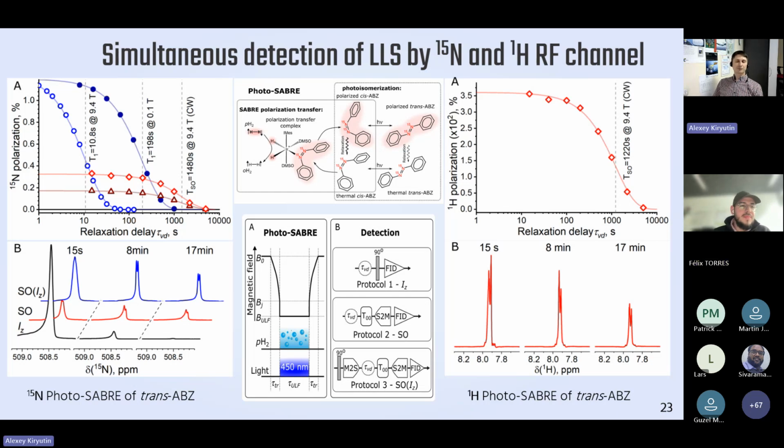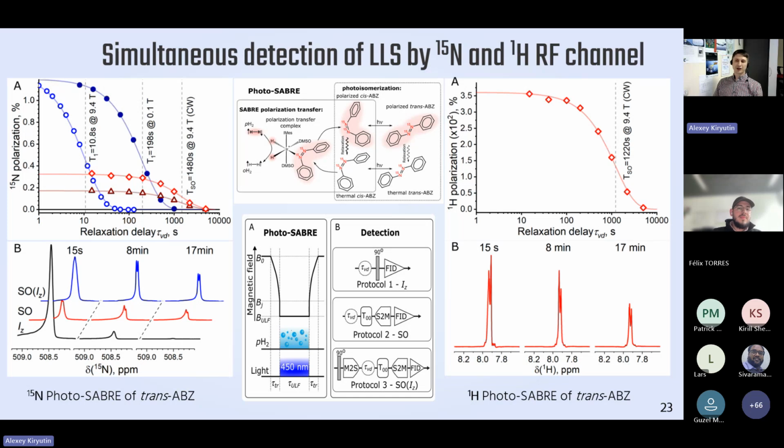Actually not. So you see, we used a doubly labeled 15N azobenzene, which we got from Herbert Zimmermann. We tried to use other water-soluble azobenzenes, but they are not 15N labeled.